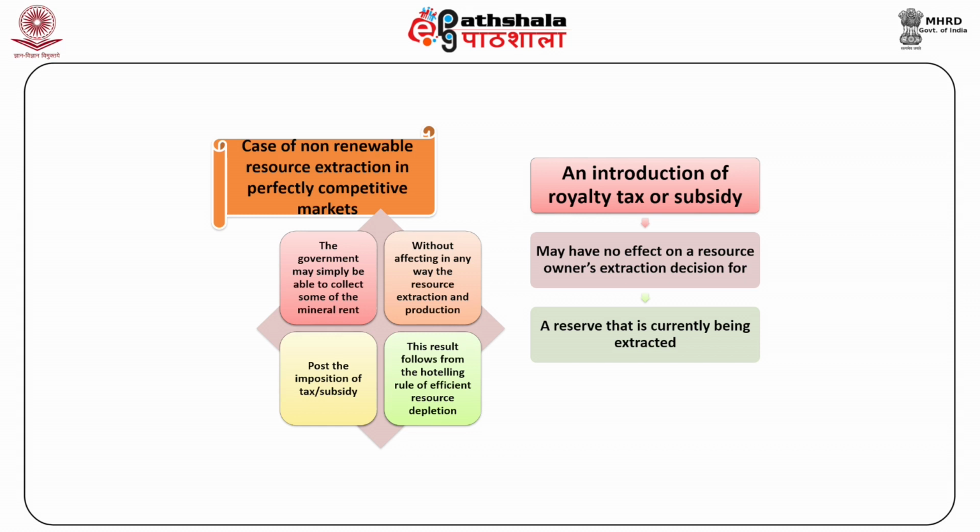The government may simply be able to collect some of the mineral rent or pay some subsidies without affecting in any way the resource extraction and production post the imposition of tax or subsidy. This result follows from the Hotelling rule of efficient resource depletion.